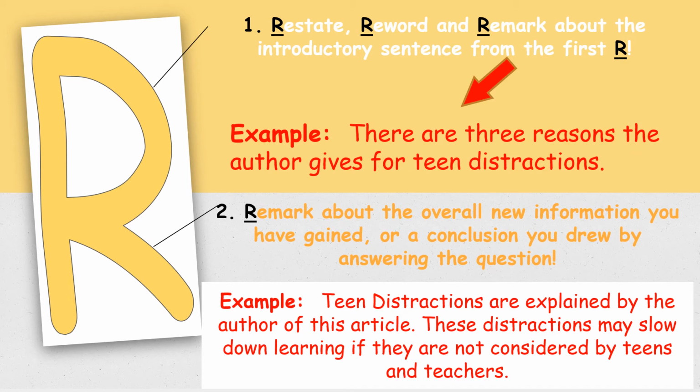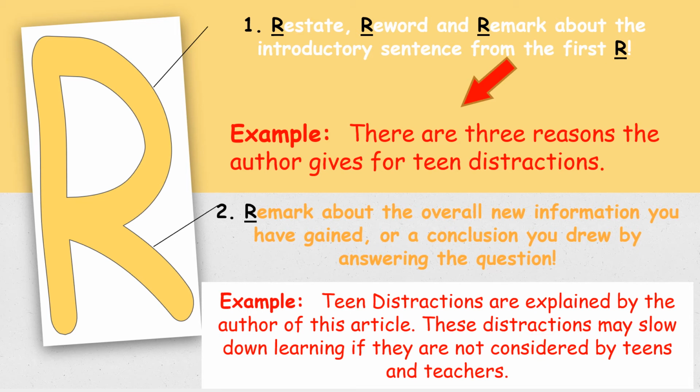And here we are, back to the letter R. The letter R still represents restate. The last R does go back to restate, but we want to reword and remark about the introductory sentence from the first R. This is going to be the wrap-up of your response.